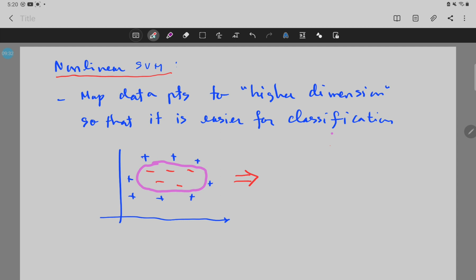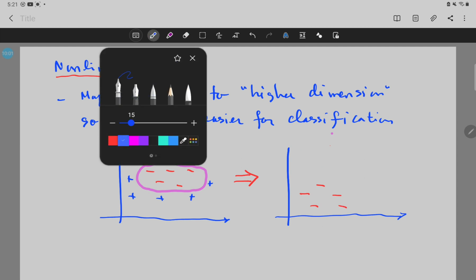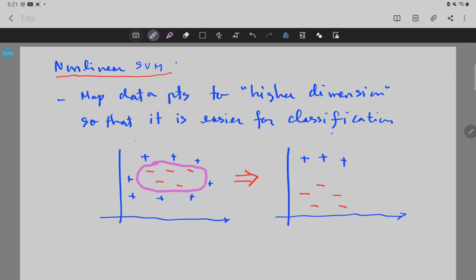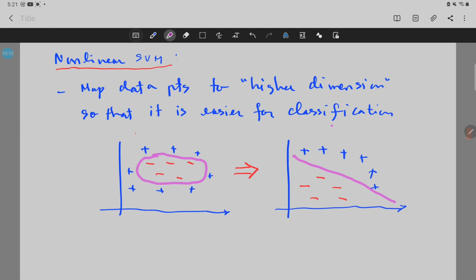If you consider the picture on the left-hand side, maybe you can find that all the values in the circle will pull together somewhere here, whereas the plus data points end up on the other side, and then it becomes more linear as we look at it.